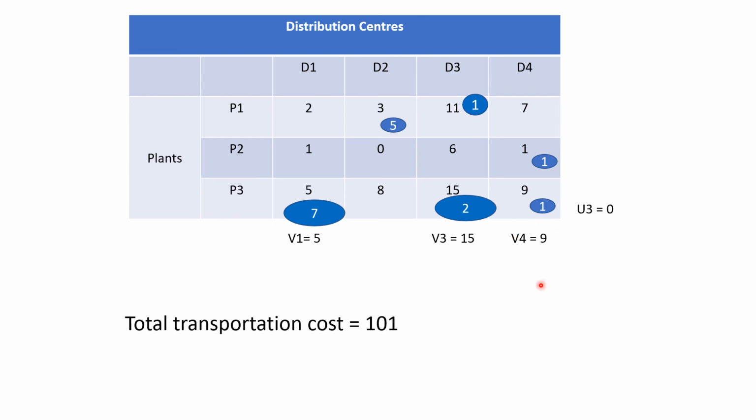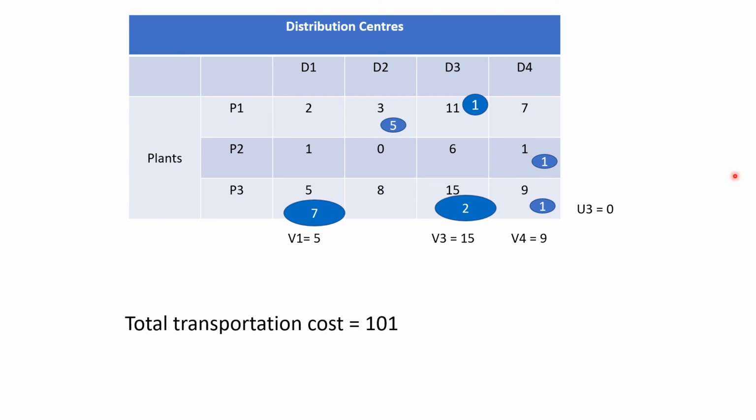Once this is known, again we calculate the value of U2 because this is an allocated cell, right? This formula Ui plus Vj equals Cij is valid only for the allocated cell. So I should look for an allocated cell. This is an allocated cell. V4 is known. So the corresponding U2 will be -8 because the summation is coming to be 1, right?